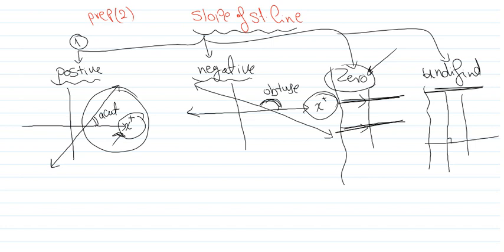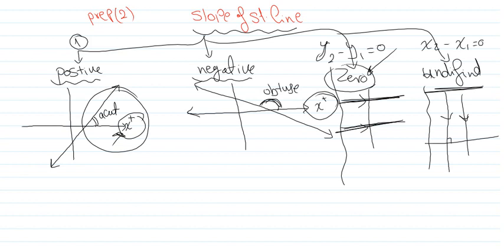The straight line perpendicular to the x-axis or parallel to the y-axis is undefined. When the slope is 0, y2 minus y1 equals 0. When undefined, x2 minus x1 equals 0.